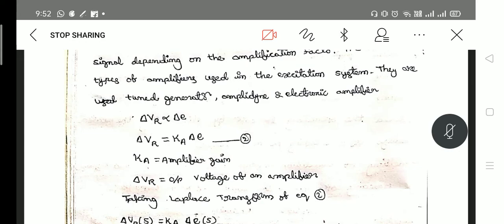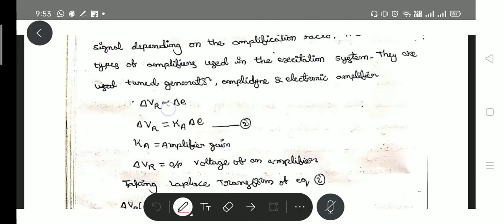Here delta VR, the amplifier voltage, is directly proportional to delta E. After eliminating the error voltage, we get the voltage delta VR, which is directly proportional to the error signal.